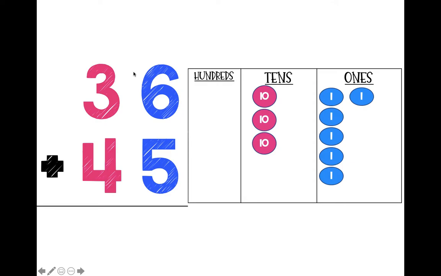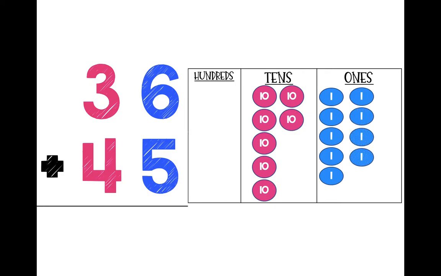Can you guess what we're going to show on our place value chart next? That's right, we're going to draw 45 more. That means 4 tens and 5 ones. Count with me as we draw 4 tens and 5 ones. 10, 20, 30, 40, 41, 42, 43, 44, 45. We've now shown 36 plus 45 on our place value chart.